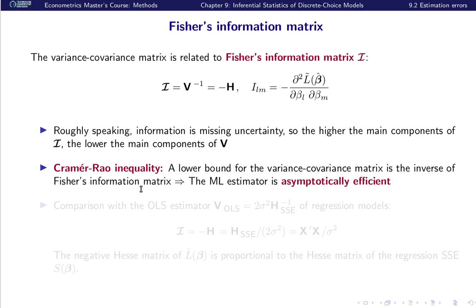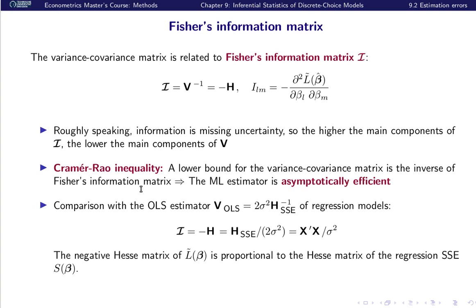One can even compare the variance-covariance matrix with that of the regression models, because there is also a Hessian, the Hessian of the second derivatives of the sum of squared errors. And apart from a factor sigma squared, it's basically the same.